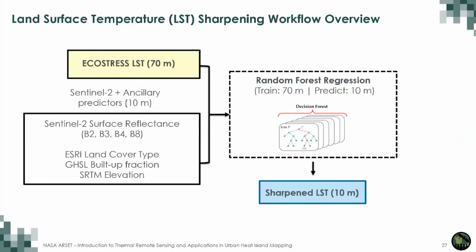So our primary predictor here is the surface reflectance from Sentinel-2. We also include land cover types, built-up fraction, and also the elevation. We run that through a random forest regression. We train the data at 70 meters, and then we predict the final sharpened LST at the 10-meter scale.